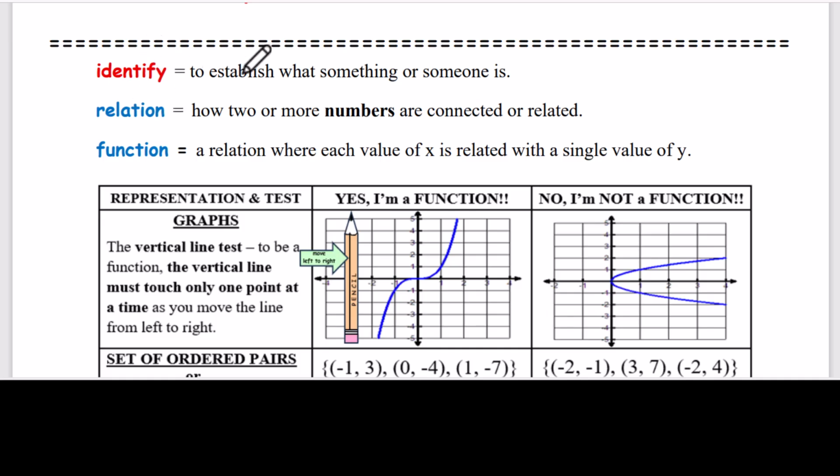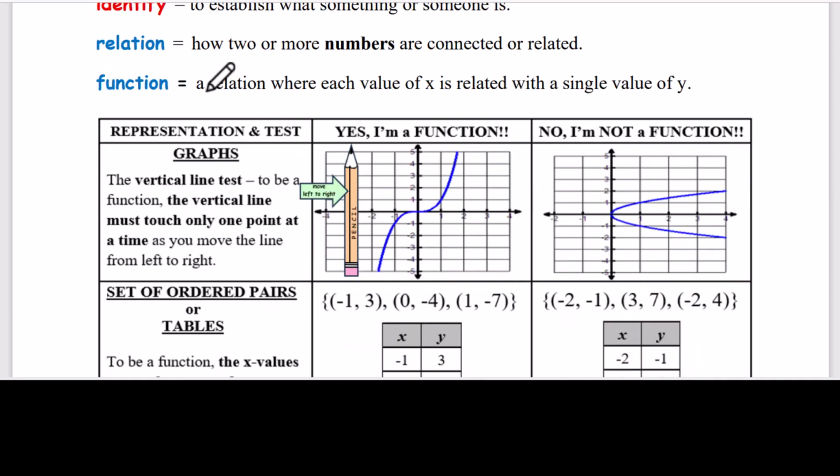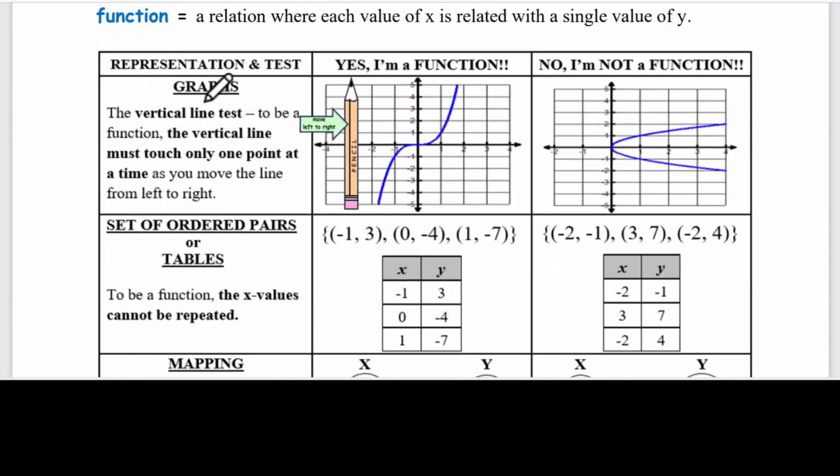Identify, to establish what something or someone is. We learned about relation, how 2 or more numbers are connected or relate to each other. And we learned about a special relation called function, where each value of x is related to a single value of y.